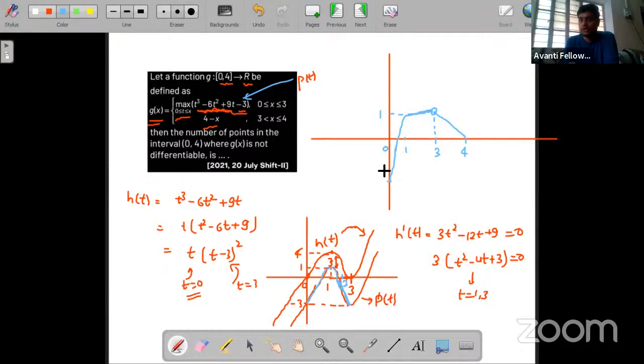Clear or not? So this is the final graph we are getting. Here it is -3, we are getting it till 1, and then from 1 to 3 every value is 1. Clear?